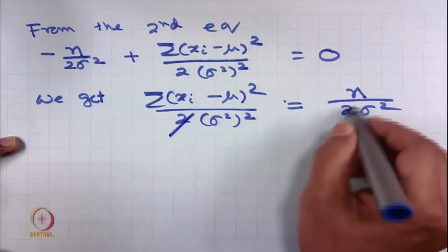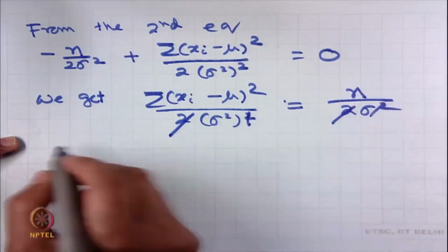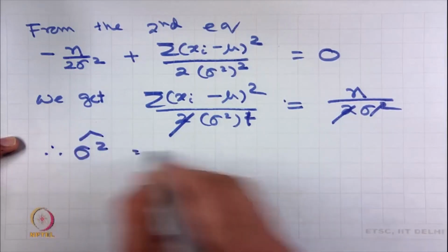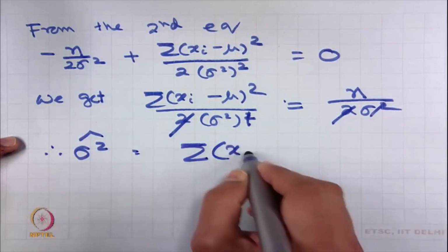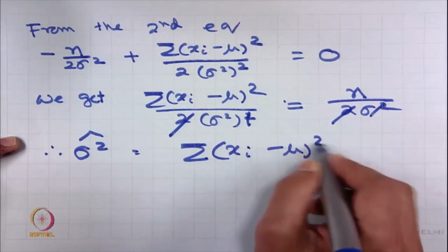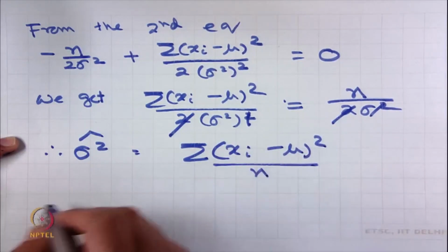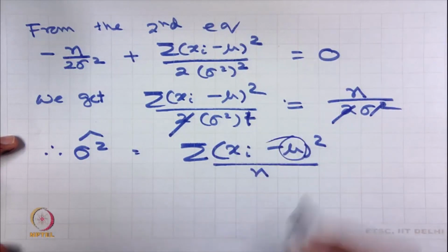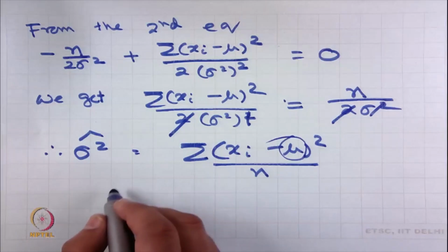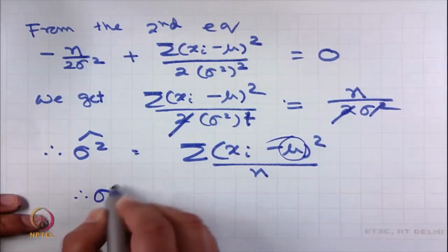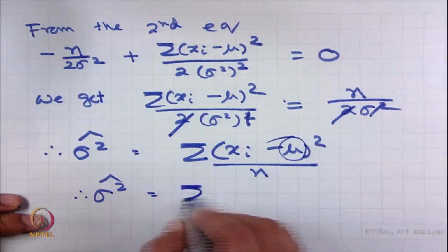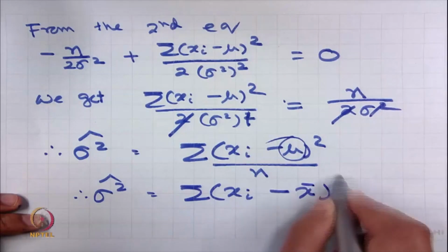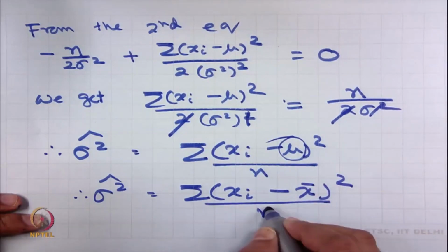So, one of these cancels. Therefore, sigma square hat is equal to sigma xi minus mu whole square upon n, but we do not know mu, we know only mu hat. Therefore, sigma square hat is equal to sigma xi minus x bar whole square upon n.